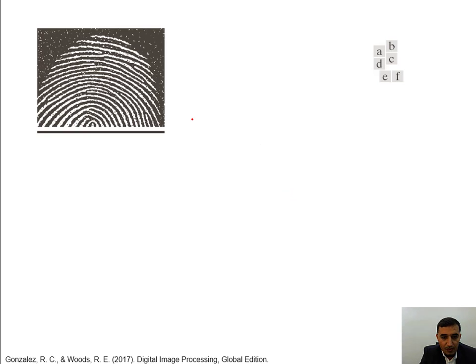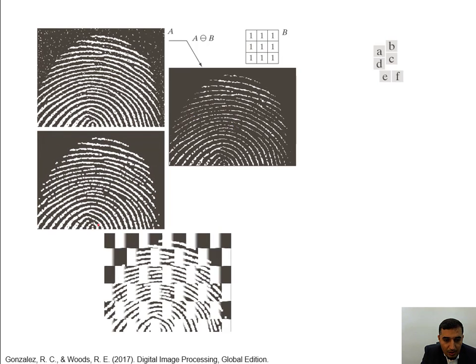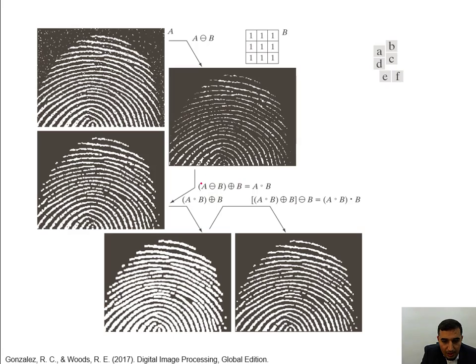So this is an example of the use of opening and closing, and you can see that this is a fingerprint with some noise. We do an erosion. We remove all small noises and see how thin the thumbnails become. Then we apply opening, then closing, and then opening once more.